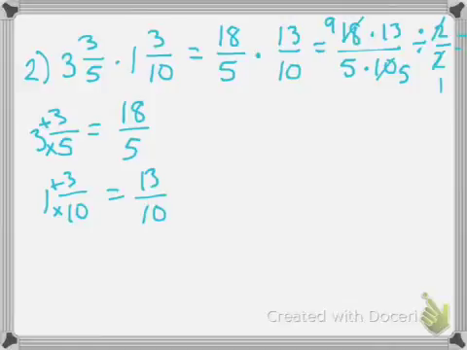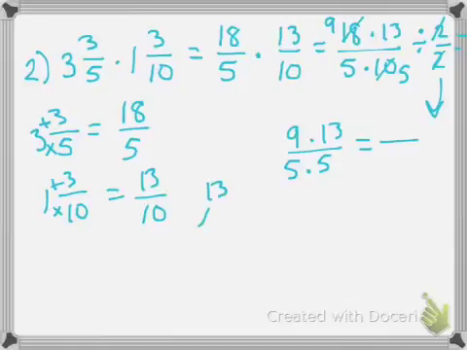So I'm going to continue this down here. We're going to have 9 times 13 over 5 times 5. Alright? And so at this point we are left with nothing else but to multiply straight across because we have simplified as much as we can. There are no other common factors to divide out. So here we go.